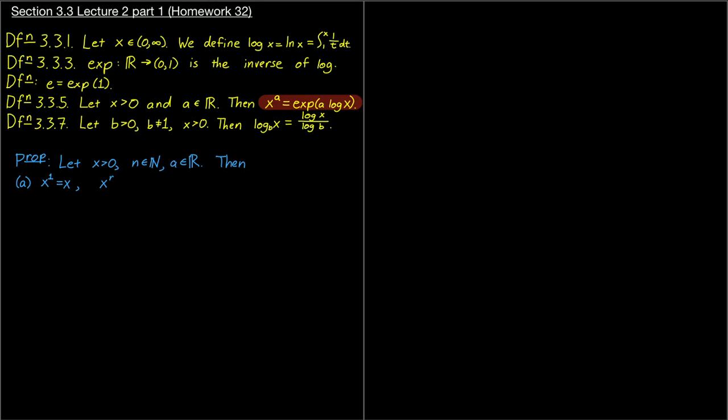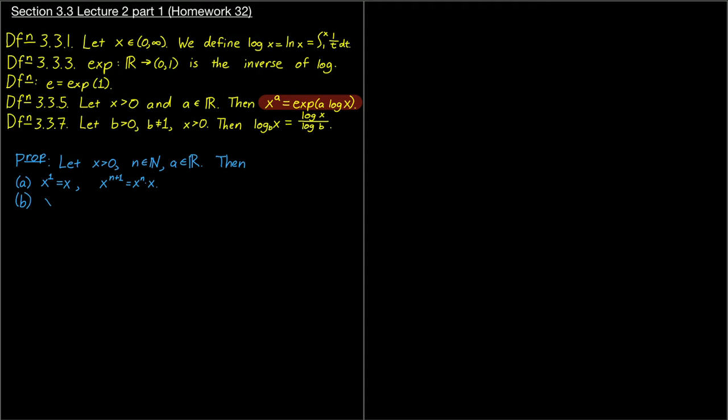And x to the power of n plus 1 is x to the n times x. And then by induction, x to the n for any integer n is x multiplied by itself n times. So if the power is an integer, then x to the n is what we expect it to be.